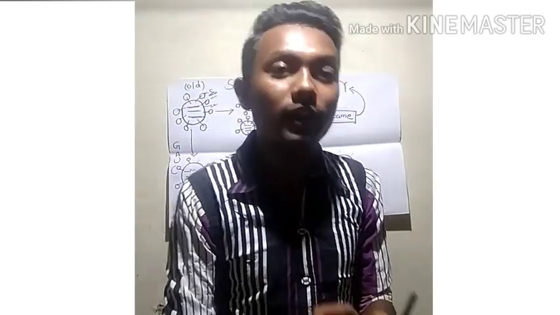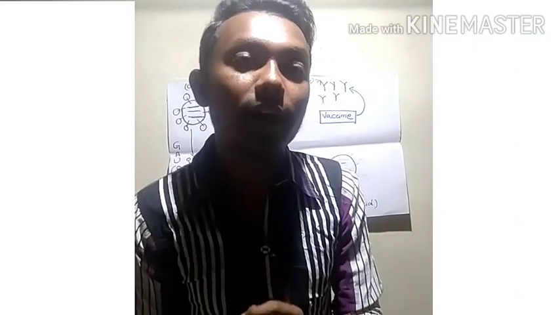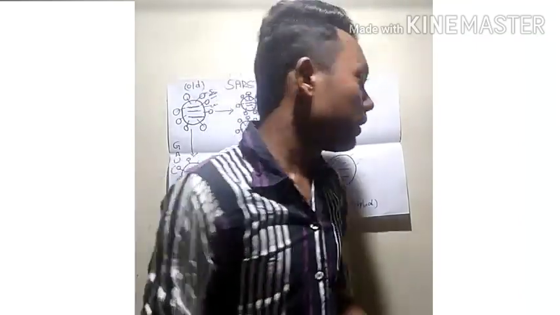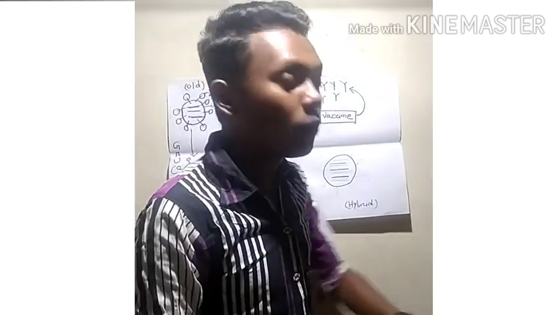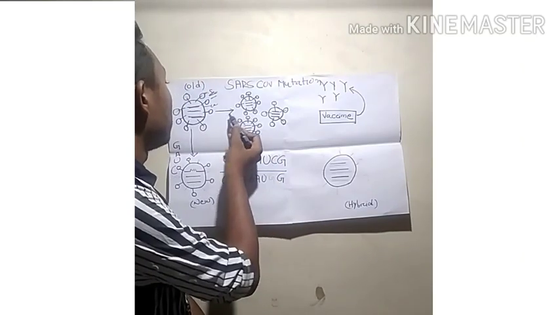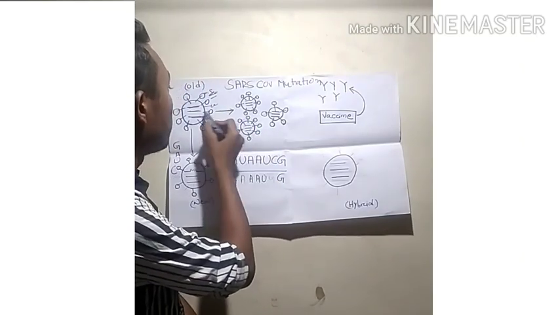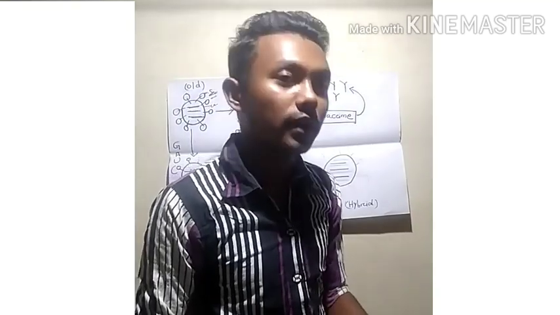For replication they must need a host, that is, a living organism's body. Replication simply means one to many: the production of the same type of virus from one to many is known as replication.